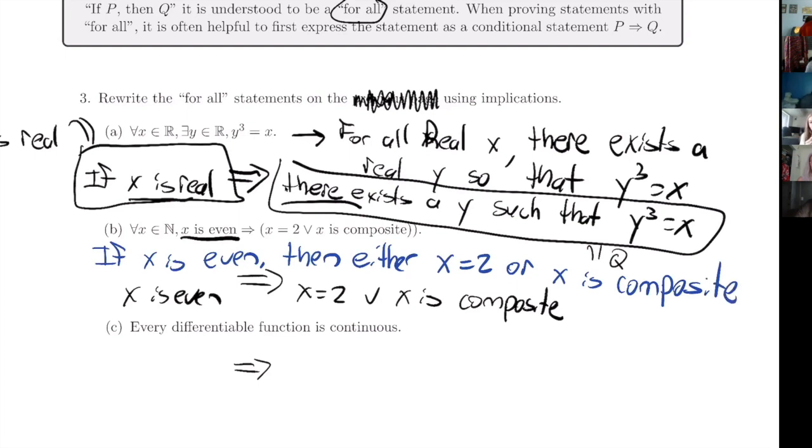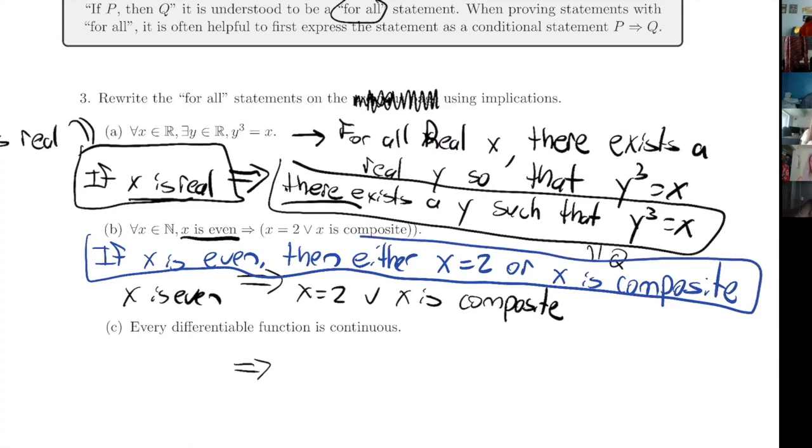Okay, and so composite means that it can be written as a product of two numbers that are less than it. This is a true statement here, but it's useful to write it out like this before we try and prove it. We'd like to know what information am I given in this problem and what information am I trying to prove. Any questions?